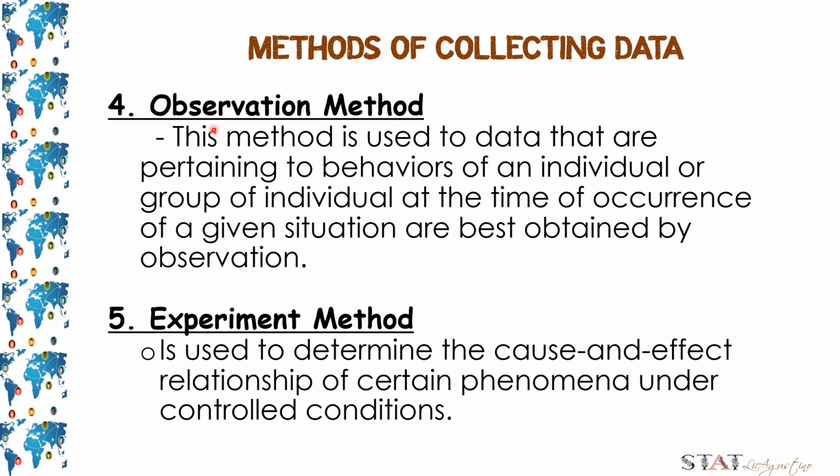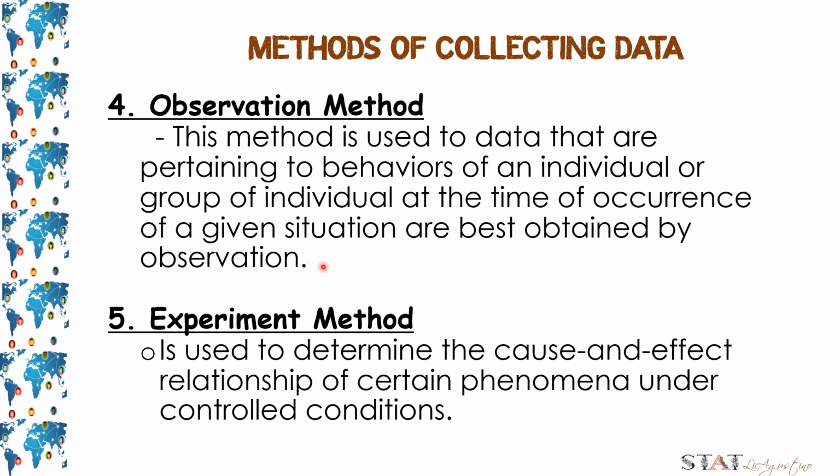And the observation method, usually in social researches where they observe a certain phenomenon in its natural settings. This method is used because data pertaining to the behaviors of an individual or group of individuals at the time of occurrence of a given situation are best obtained by observation.